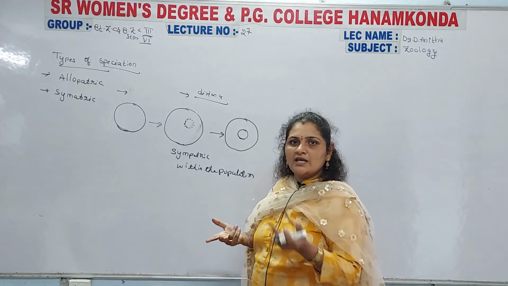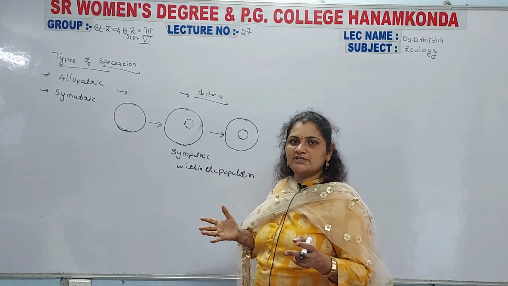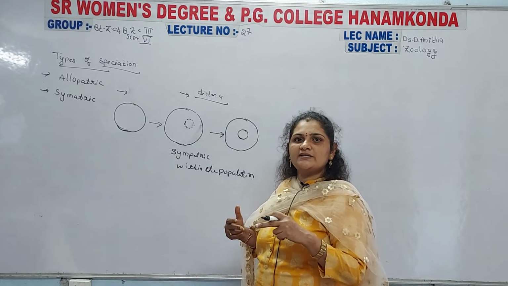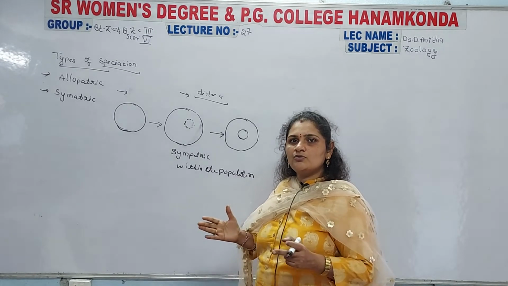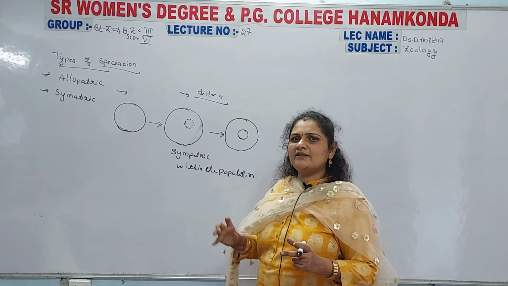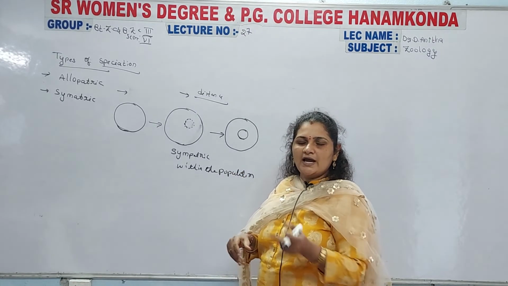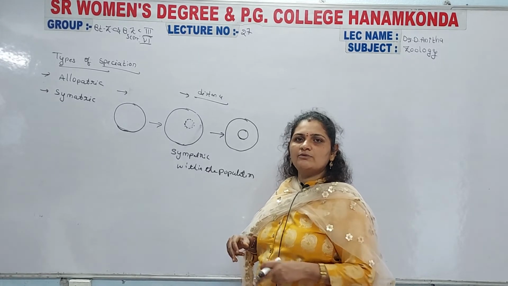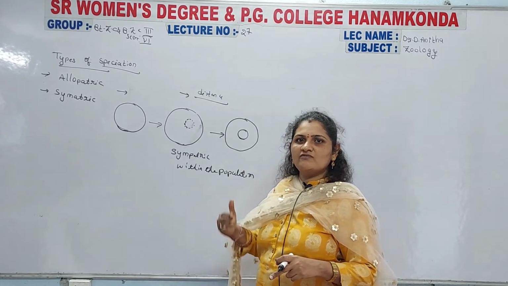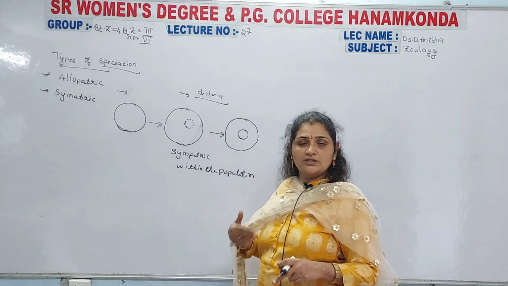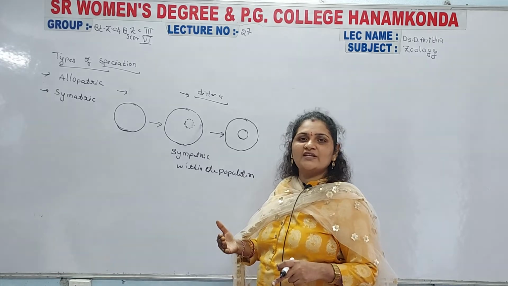Then a group of individuals in the same area gets separated, and gradually a barrier is formed between the two areas, like one state to another state, one district to another district. These mainly occur due to natural hazards.